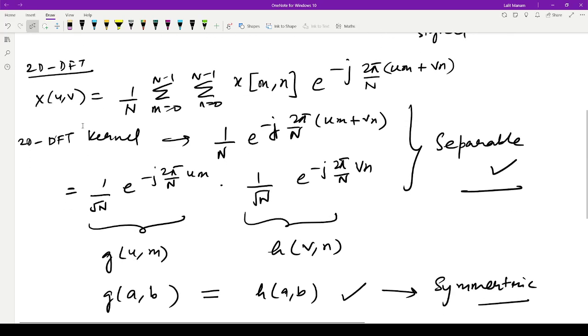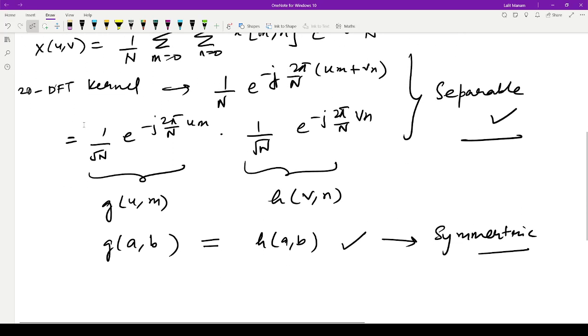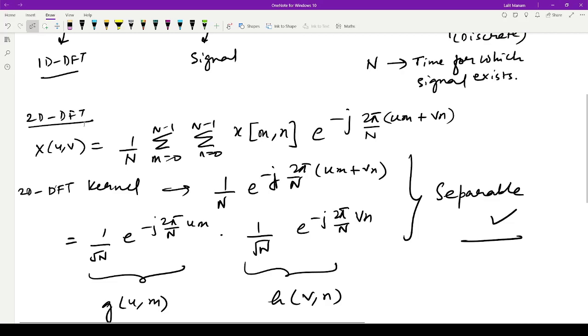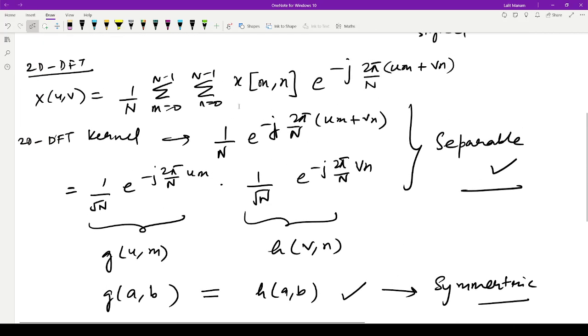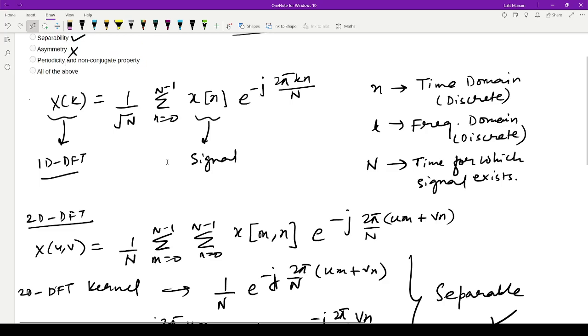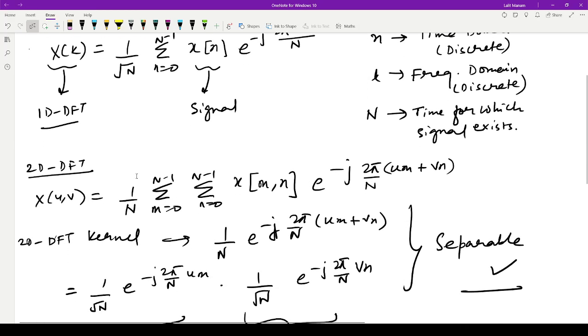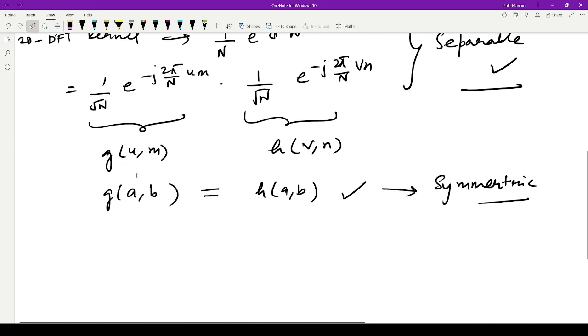What about periodicity? Is it periodic? Since you clearly see that they are separable and symmetric, if I prove something for one dimension, it holds for two dimensions, right? So what if I write x of k plus n?